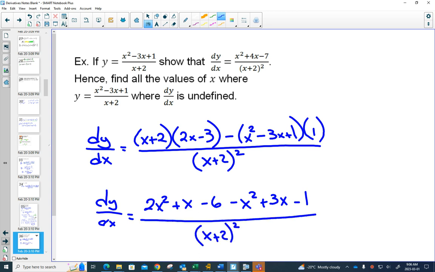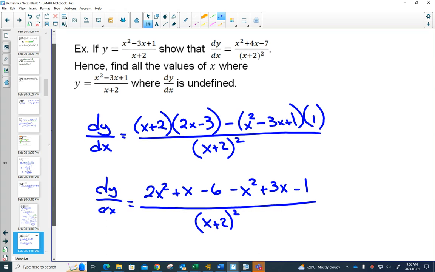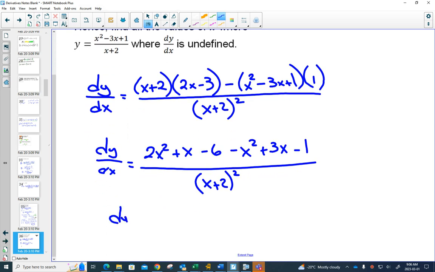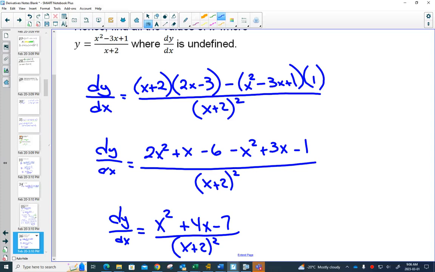I would not multiply out the bottom because I need it to look like that in the end. And now when I combine all my like terms, I get x squared plus 4x minus 7. And as far as show that questions go and level of difficulty, this one was fairly straightforward.